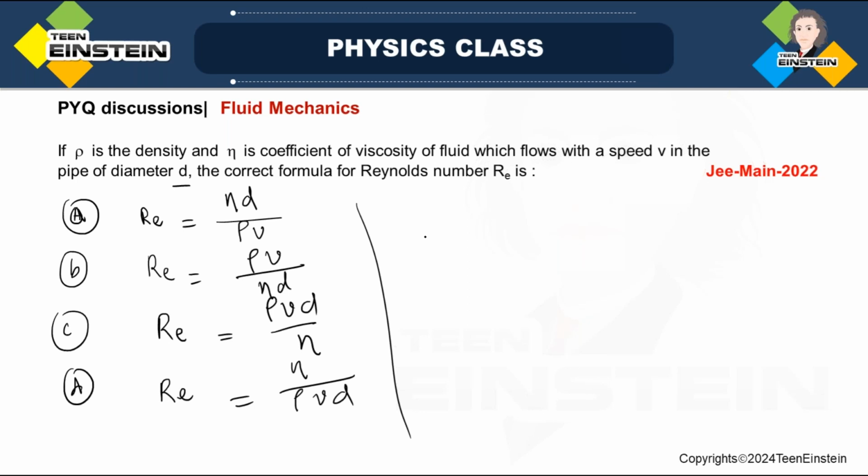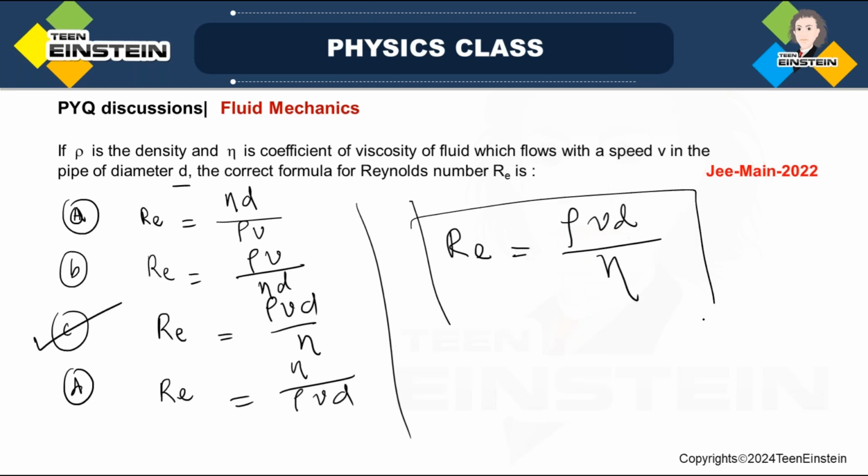So this you have to simply mark up and keep in mind. The exact relation is C. Okay, Reynolds number for a fluid which has density rho and flowing with velocity v inside a tube which has diameter d, that is rho v d by viscosity eta.